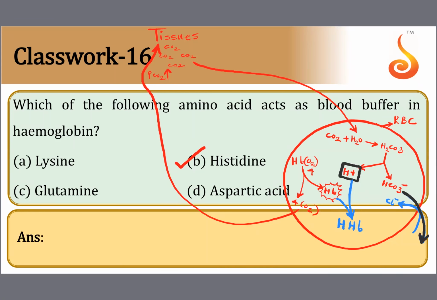So what has hemoglobin done here? Hemoglobin has acted as a buffer. The moment it sees the H plus ion, it captures that H plus ion, because it knows if the H plus ion is let free, it will alter the pH. It will make the cytoplasm of the RBC very, very acidic. That's why we call hemoglobin a buffer.